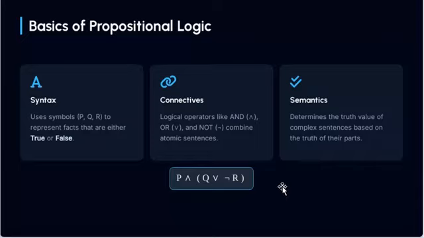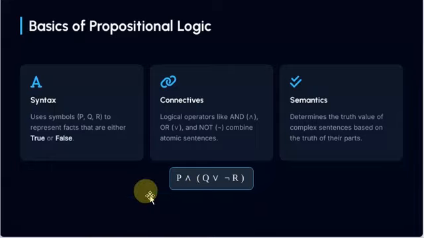In the connectives, these are the logical operators which help in combining the sentences or the information given to the symbols. And the third one is the semantics. Semantics determines whether a statement is true or false.